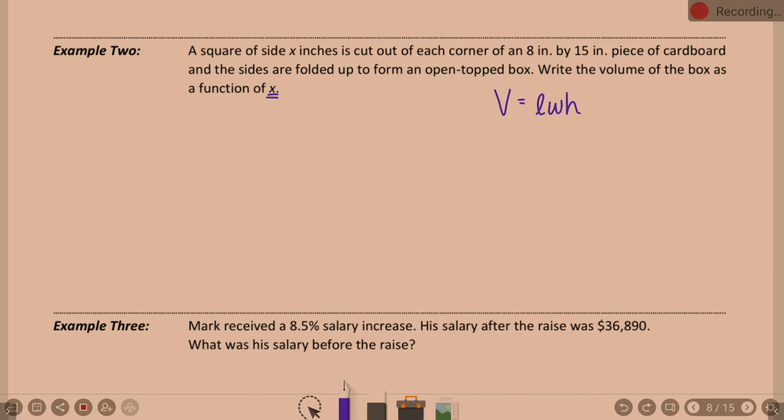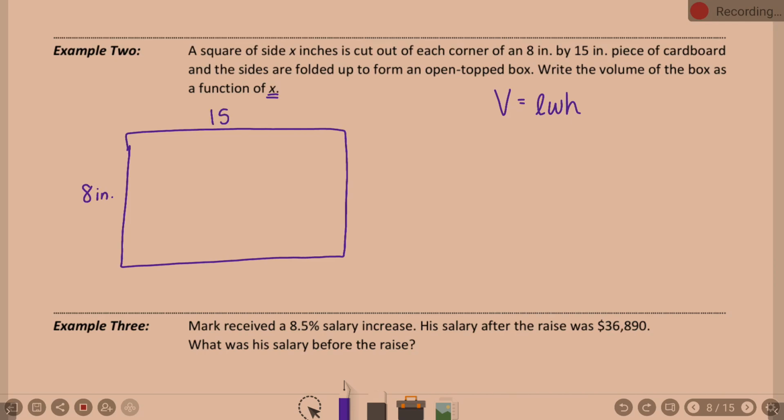Now, what do we have here? A square of side x inches is cut out of each corner of an 8 by 15 inch piece of cardboard. Okay, let me get fancy here. There is my 8-inch by 15-inch piece of cardboard.